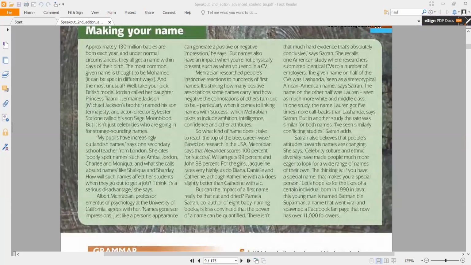So this is really interesting. Here they talked about how names can be likable and how some names can be even more advantaged than others.